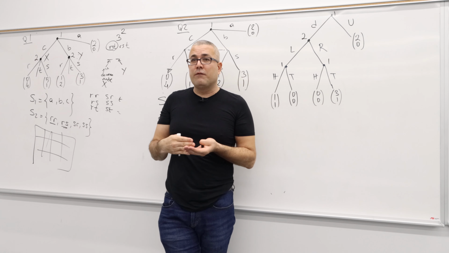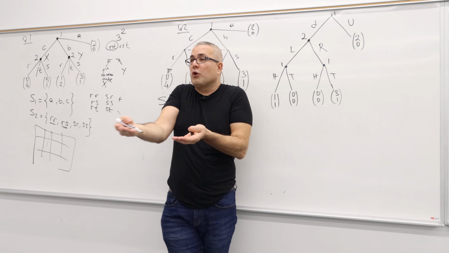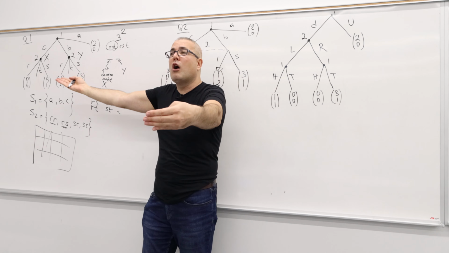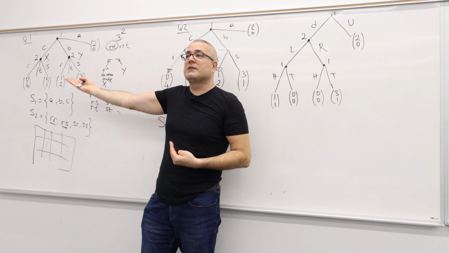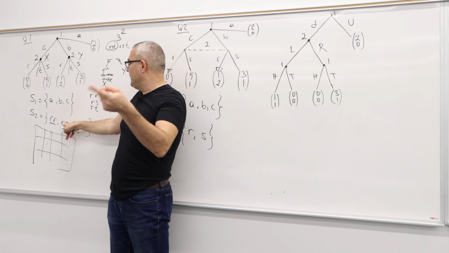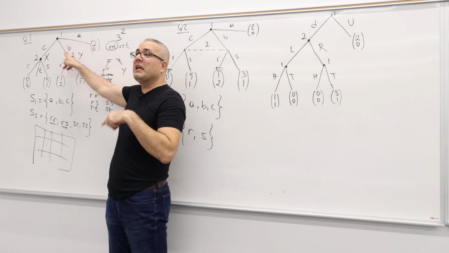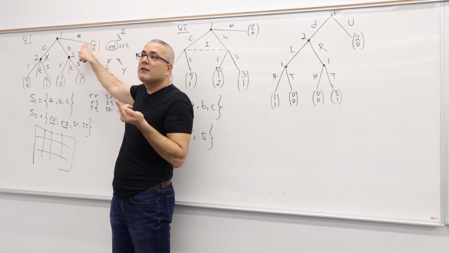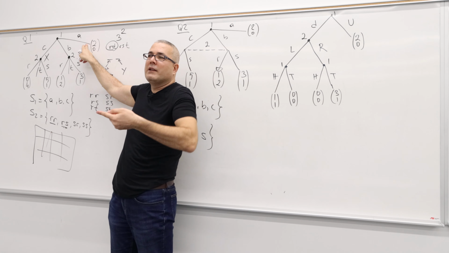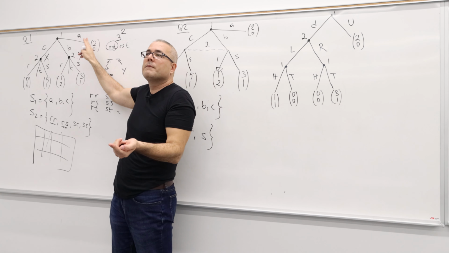However, in extensive form games, you can observe your opponent's action. So therefore, you can condition on your opponent's actions. Like here, I'm going to play R if you play C, and play S if you play B. I don't condition on your action A because the game is going to be over and I don't have an option to make a move there.